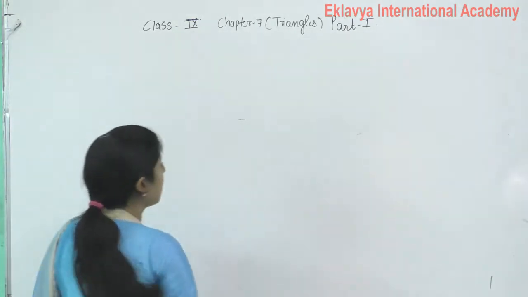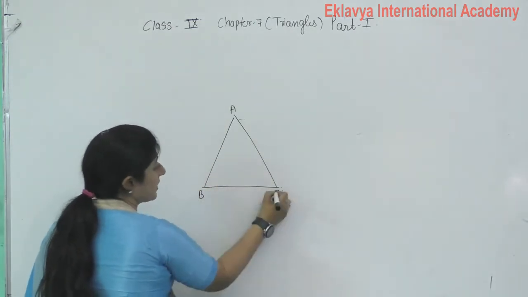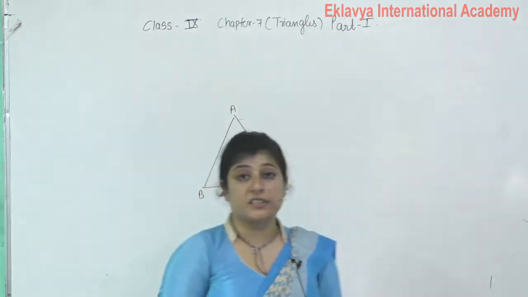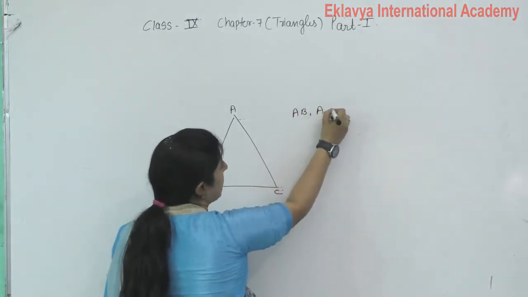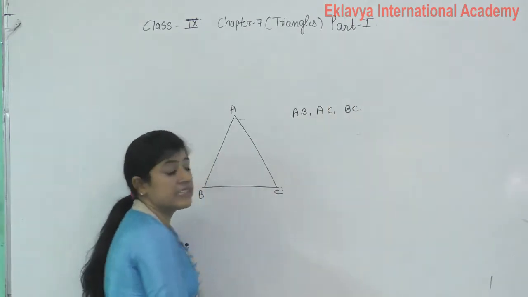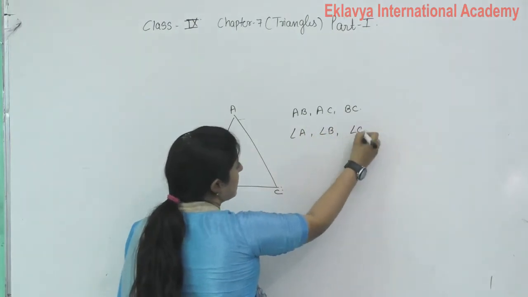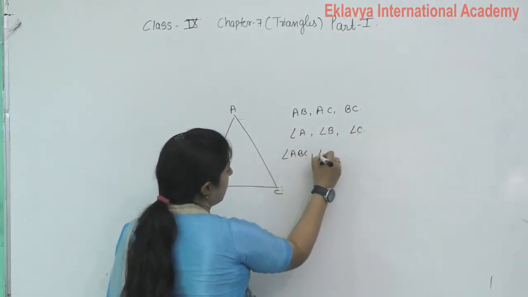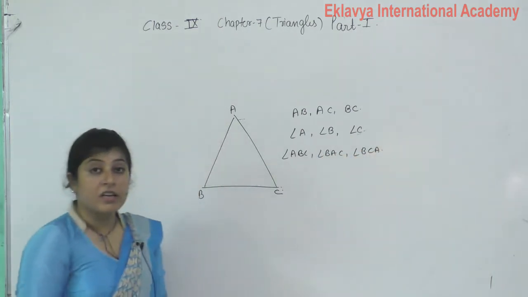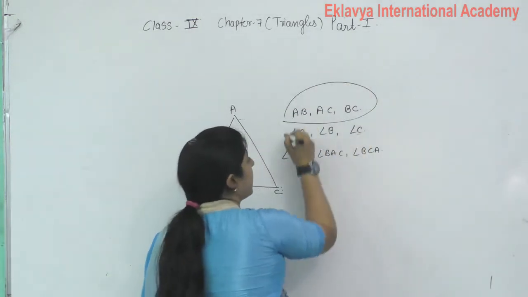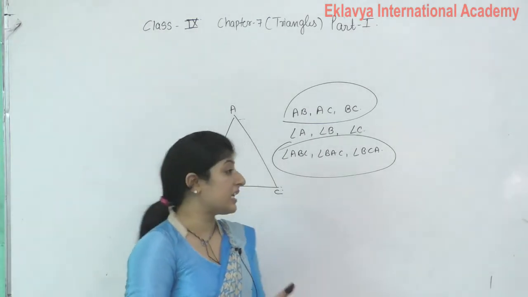Firstly, whenever we talk about a triangle, there are 6 elements: sides AB, AC, BC, and angles A, B, C, or you can write angle ABC, BAC, BCA. Total 6 elements in a triangle, 3 sides and 3 angles.